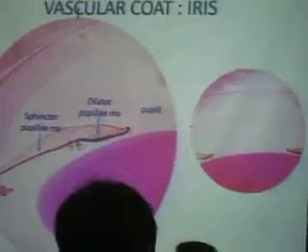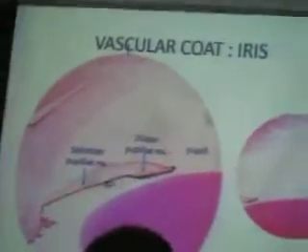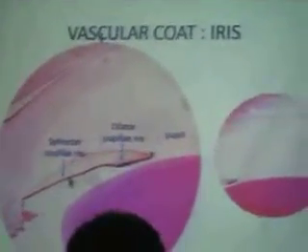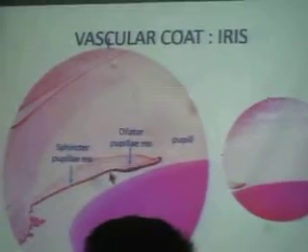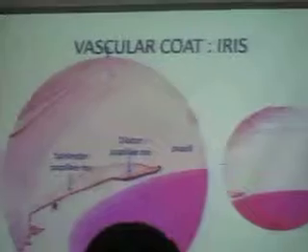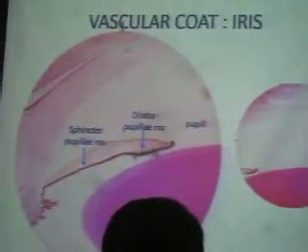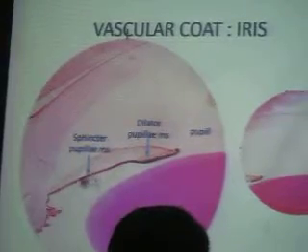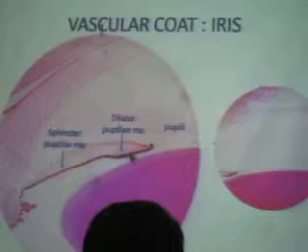The dilator pupillae is thinner and extends along the length, more or less, of the iris, but is more prominent towards the midline. It is very thin, so you just expect some few muscle fibers here. So the sphincter pupillae and dilator pupillae are along this line, very thin compared with the thick sphincter pupillae.